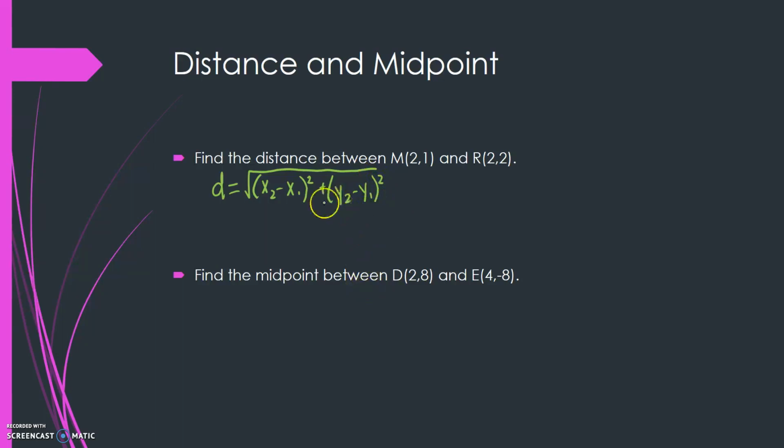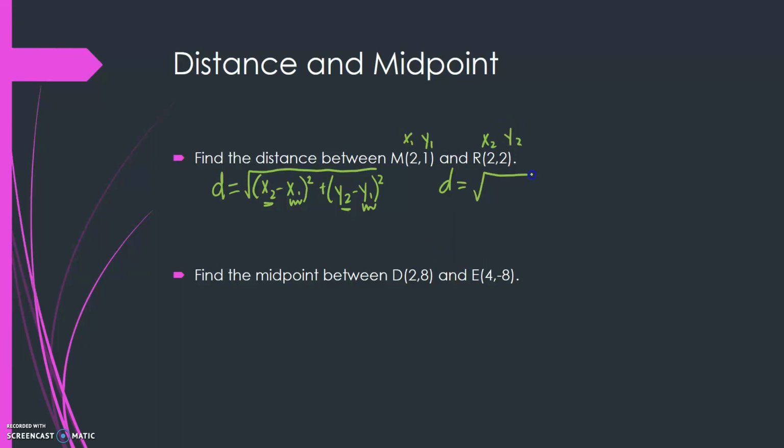What's important to remember is that x2, y2 is one of your endpoints, and x1, y1 is the other endpoint. So whatever endpoint you start with in x, you have to start with in y. I want to find the distance between M and R. If I say M is my x1, y1 and R is my x2, y2, I'm just going to plug those in.